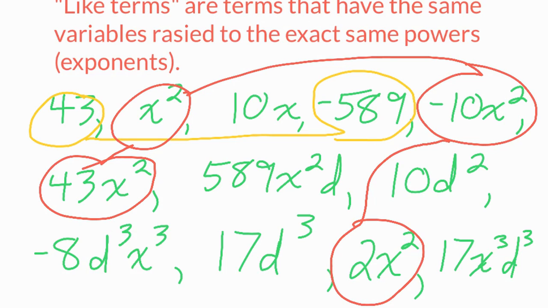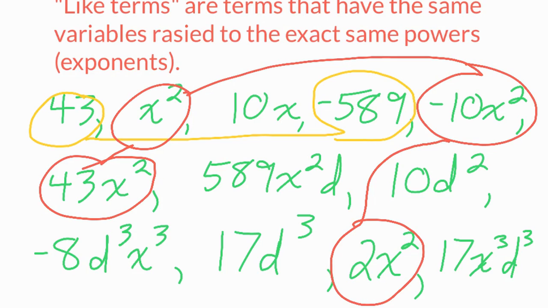The answer again is no. And the reason is, this is just a plain x, whereas all of the other x's that you see in all of the other terms have an exponent above them. So this is x to the 2nd power, or x squared. This is x to the 3rd power. This one does not have any exponents. So none of these other terms are like terms with 10x.